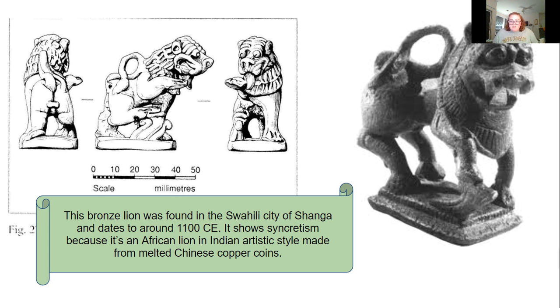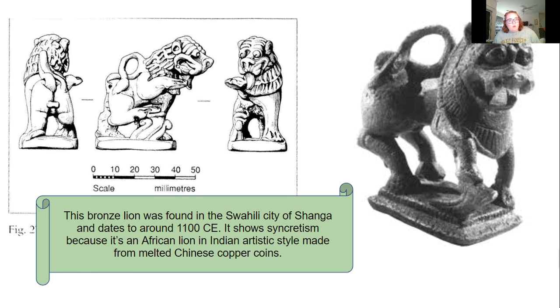Major cities were formed and became great urban centers, and each city was governed by its own king, very similar to the Greek city-states. This bronze lion was found in the Swahili city of Sanje, and the date of it is around 1100.